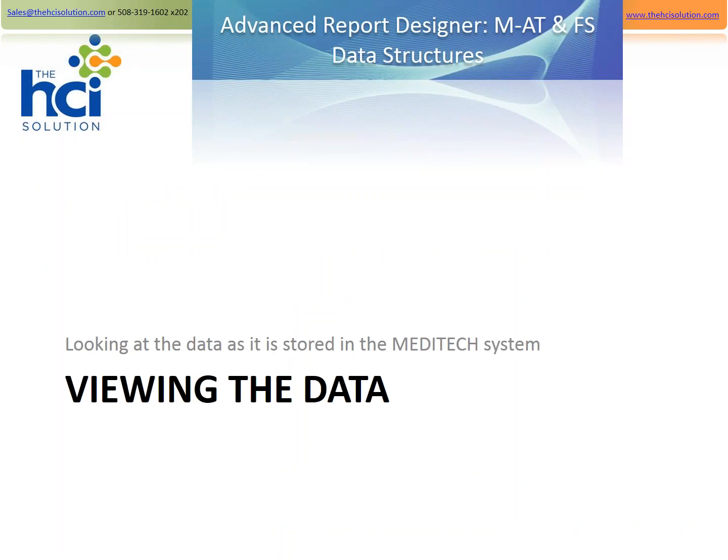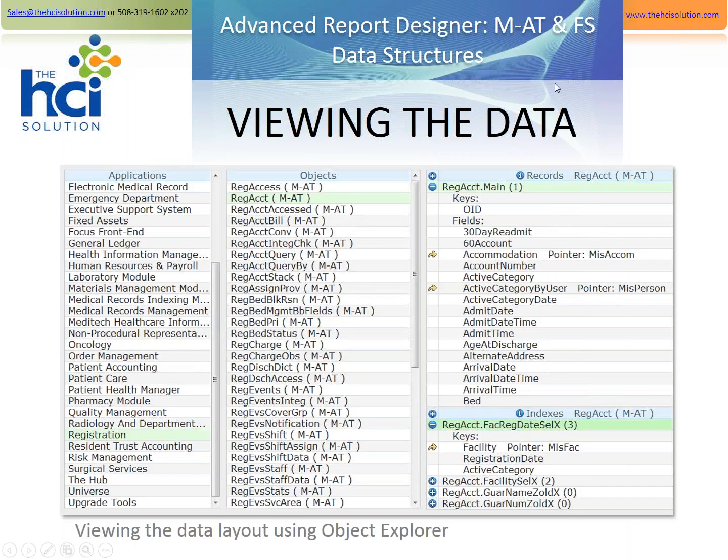All right, so using different tools in Meditech to view the patient data that's in the system or other data. One of the tools that's available to you when using Report Designer is Meditech's Object Explorer, where you can use this tool to basically look at the Meditech data definitions, and you can select an application on the left-hand column, and then you can select one of the application's objects in the middle column.